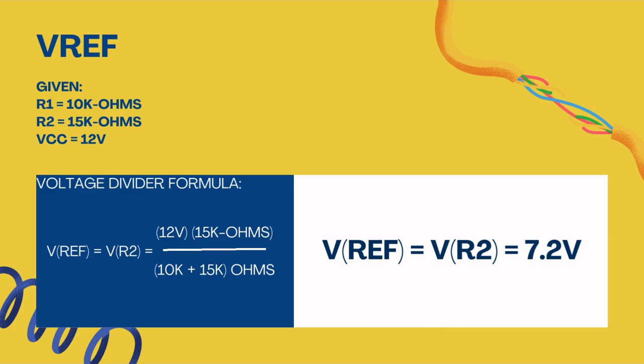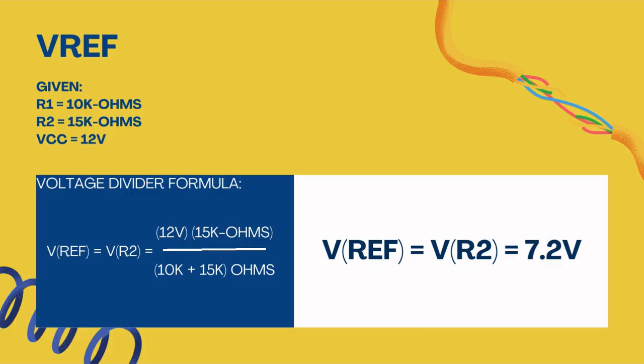This results in a reference voltage of 7.2 volts. Recall that the comparator compares the signal applied to the non-inverting input to the reference voltage in the inverting input.